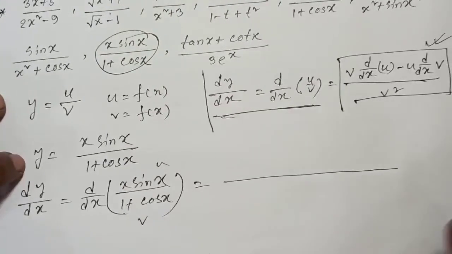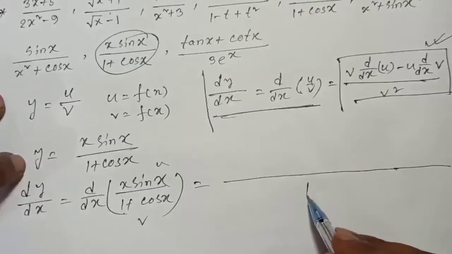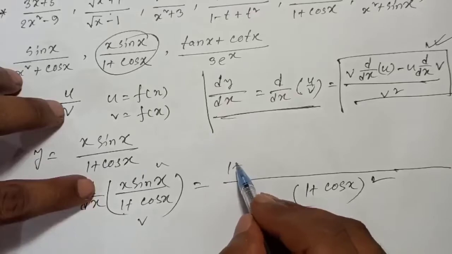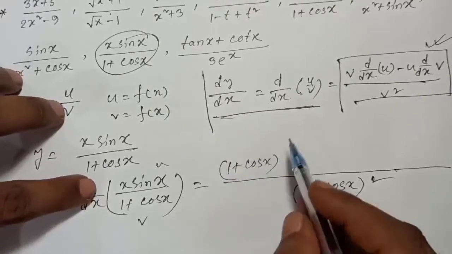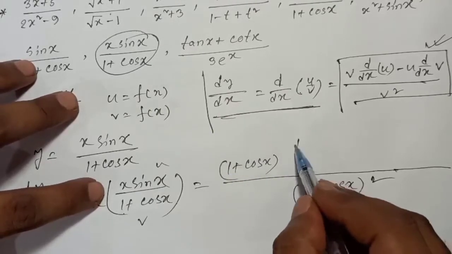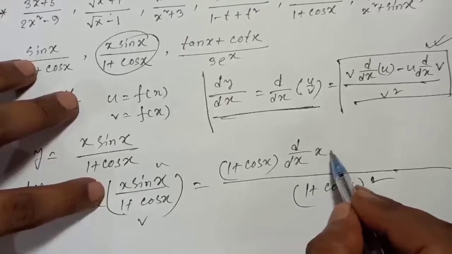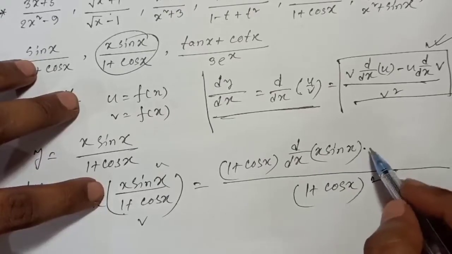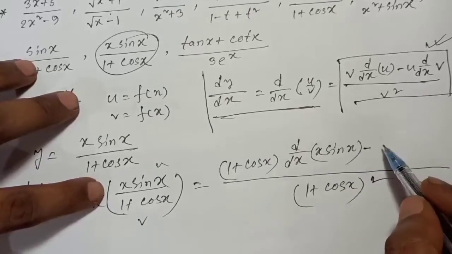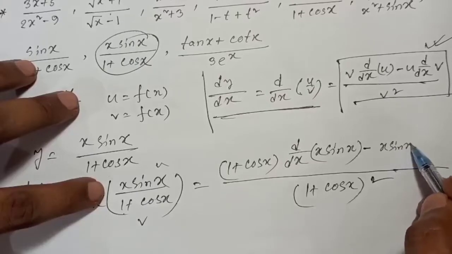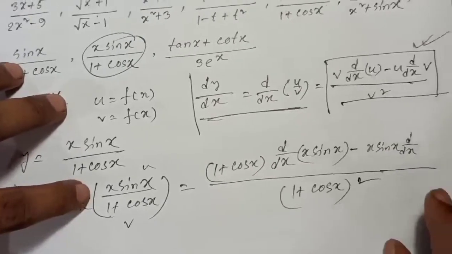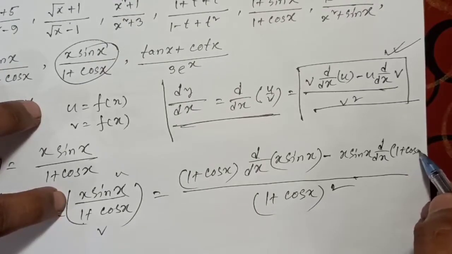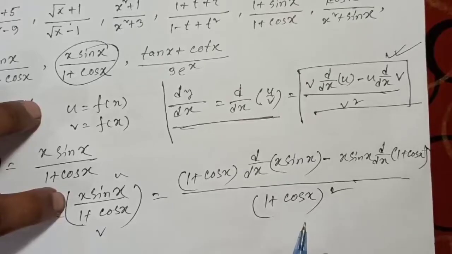So here you can see that 1 plus cos x whole square, and 1 plus cos x will be constant, and d/dx of x sin x, there will be minus, and then x sin x and d/dx of 1 plus cos x.